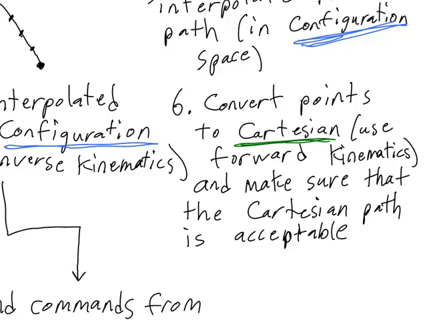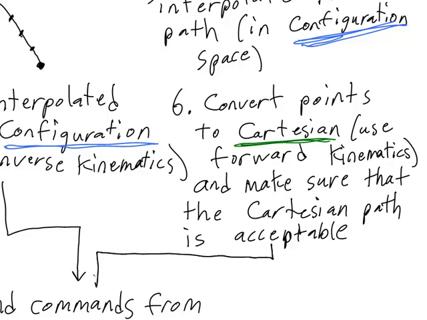We do this so that we can make sure that the path in Cartesian space is acceptable. We'll go into this idea of making sure that the path is acceptable a little bit more in detail in the next set of videos for the next day when we look at collision avoidance.